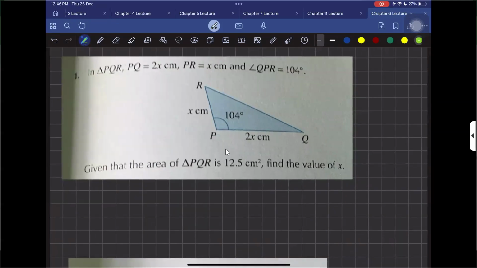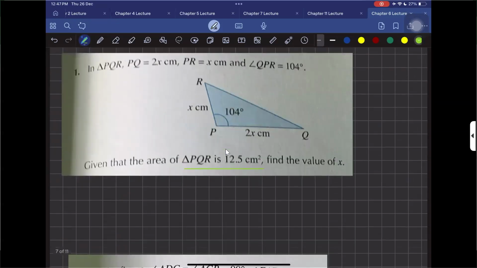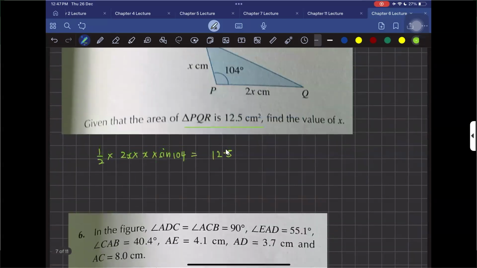Again, you are given the area this time, and then you're told to find the value of x. If you plug it in, you have half times 2x times x times sine 104 equals 12.5. So your 2 cancels off.